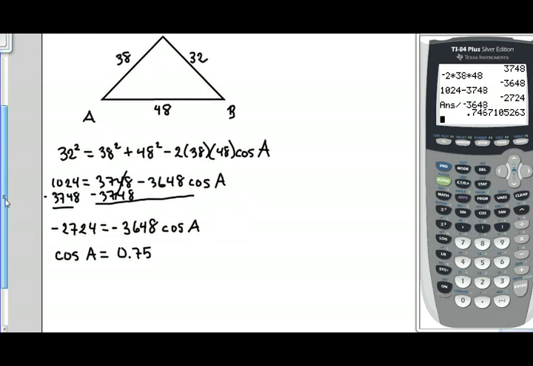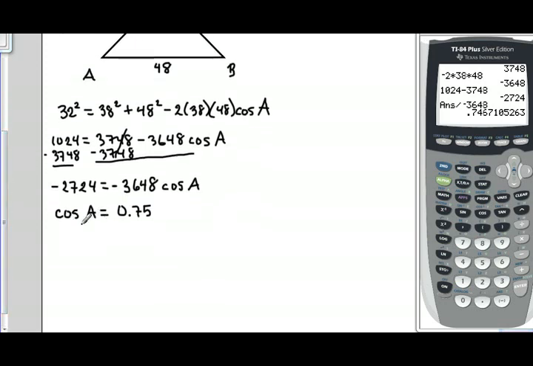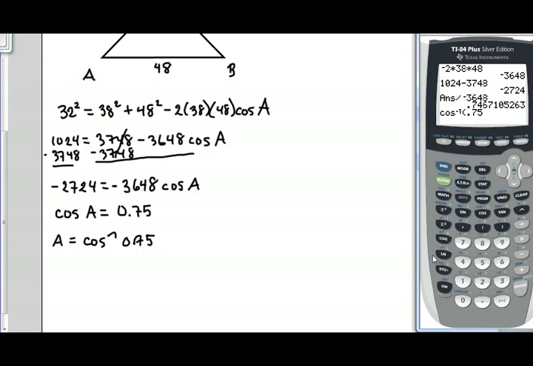All right, and as always, if I know that the cosine of A is 0.75, A is going to be the inverse cosine of 0.75. So let's do inverse cosine 0.75.